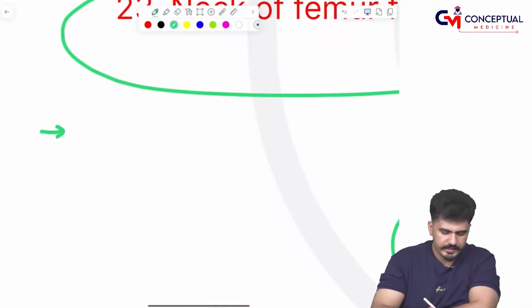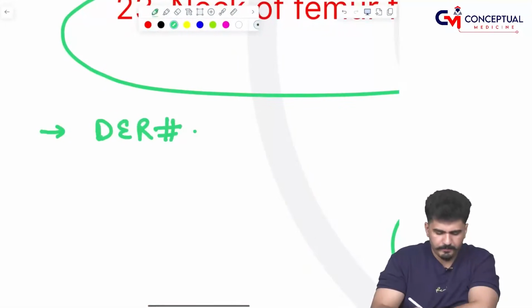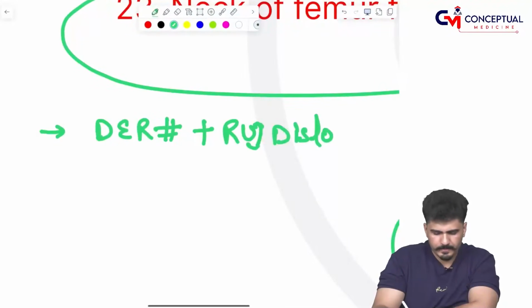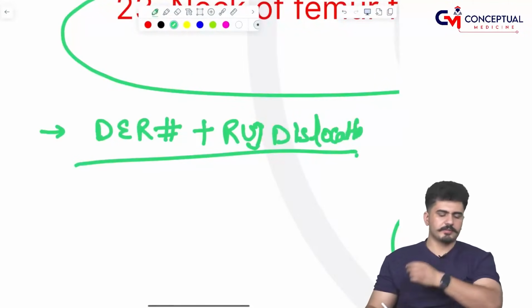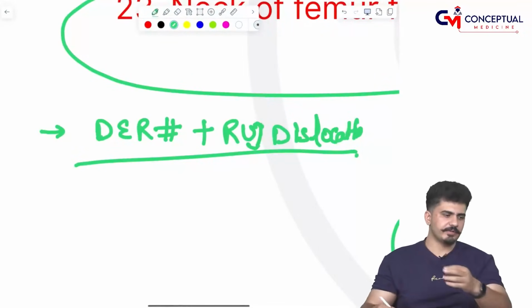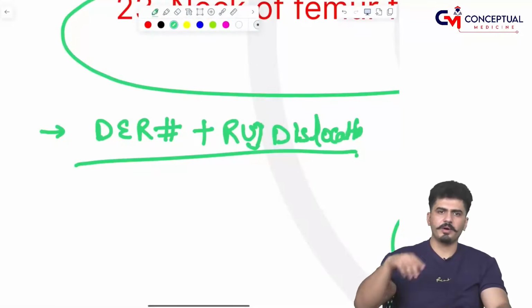Sir, distal end of radius fracture with radio-ulnar joint dislocation. What am I talking about?